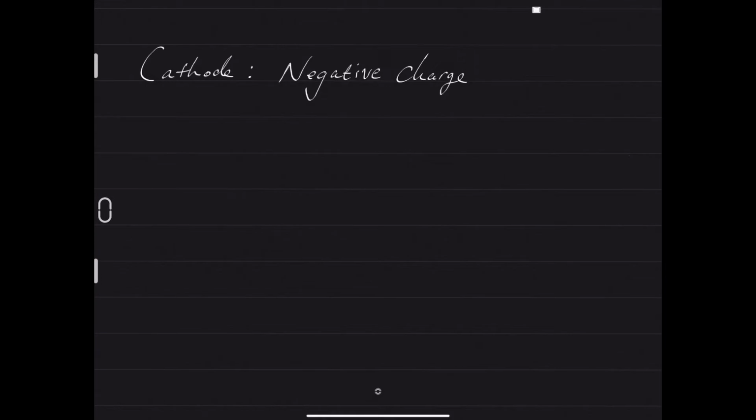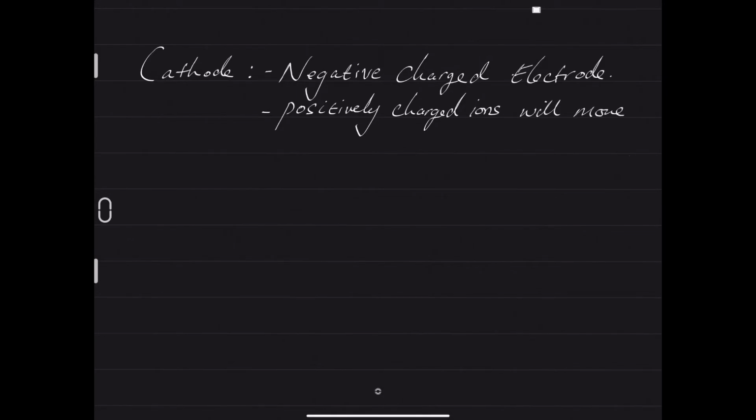The first point: negatively charged electrode. The second point: positively charged ions will move towards it. Can you just write down: positively charged ions will move towards it.